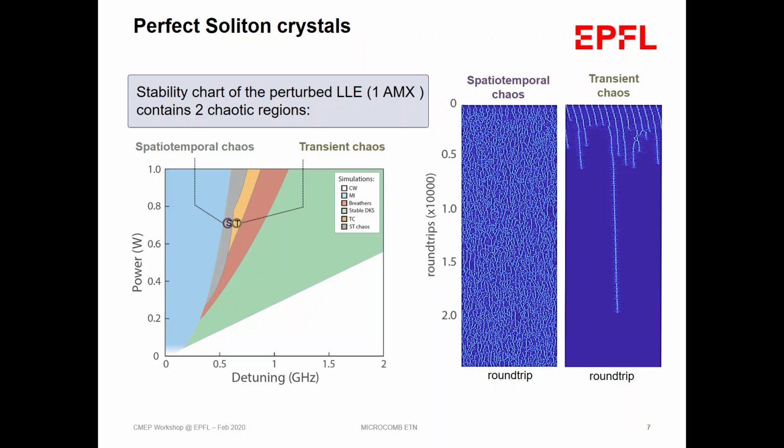It is actually a bit more complex than we studied yesterday. What we call here is spatiotemporal chaos and transient chaos. You can actually trigger this kind of dynamics from these states, and once you tune over this state, you destroy everything that's circulating inside your resonator. So it was quite challenging to create a soliton crystal for this reason also.